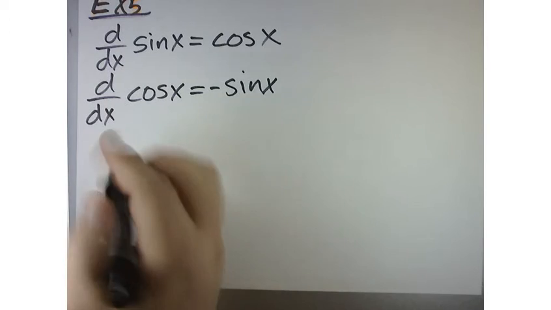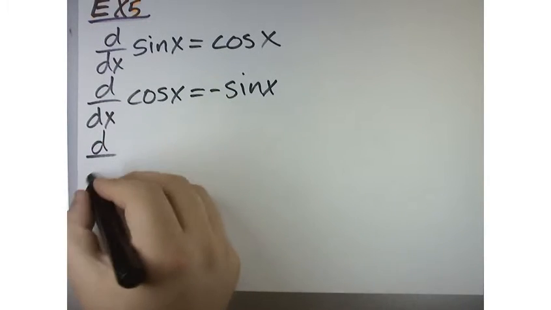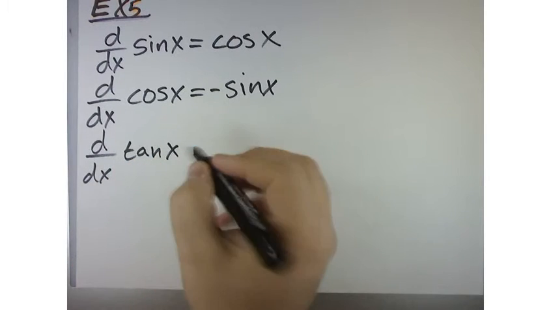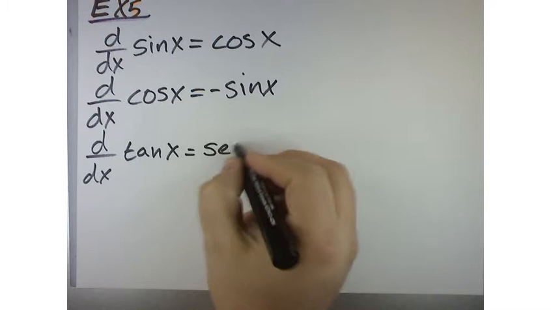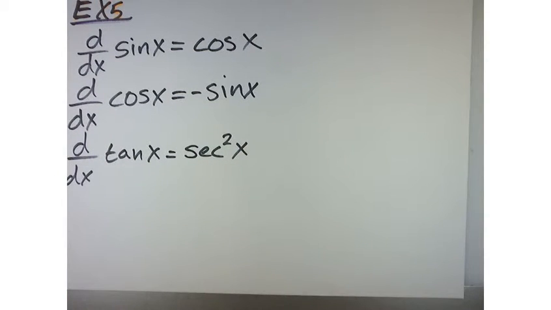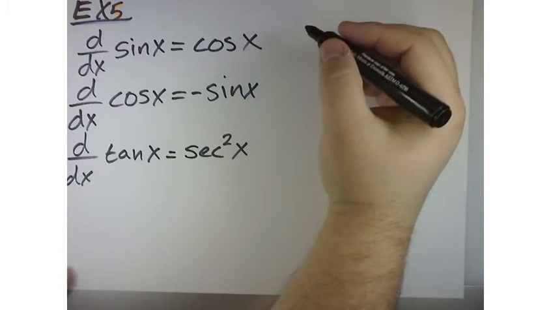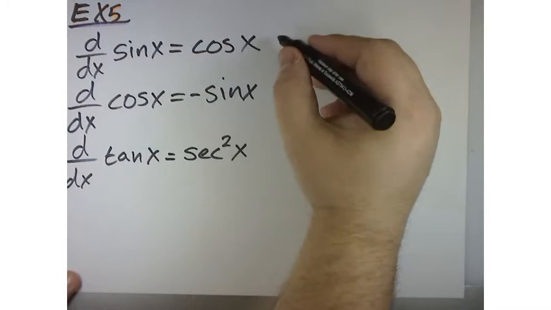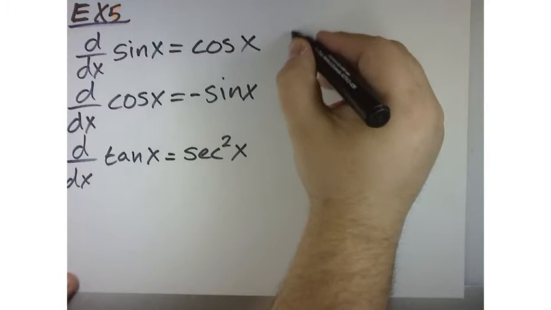We know, after yesterday, that the derivative of tangent of x is equal to secant squared of x. Well, there's 6 basic trig functions, so I'm not going to prove every one of these, but it's based on these 3.